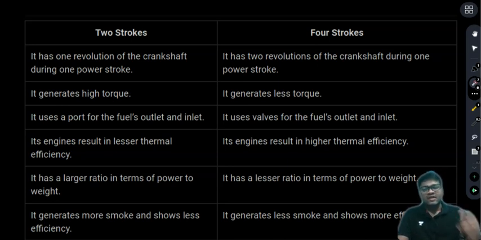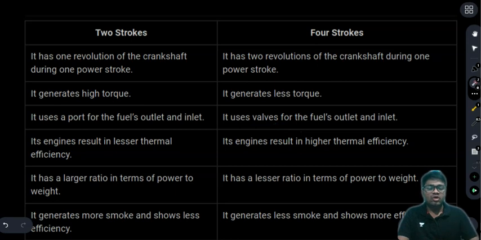Okay, done. Next, it uses ports for the fuel's outlet and inlet, right? That means for the inlet and exit of the fuel, there are ports in a two-stroke engine, right? But in a four-stroke engine, there are valves.